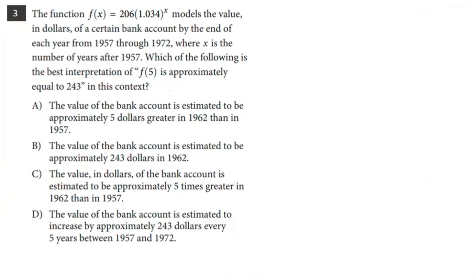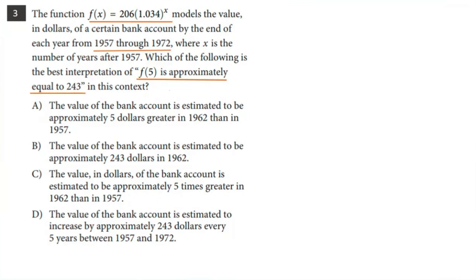Problem 3. The function f of x, given by this, models the value in dollars of a certain bank account by the end of each year from 1957 through 1972. So this is the initial year, 1957, and so on. This function is representing some amount in the bank. Which of the following is the best interpretation of f of 5 is approximately equal to 243 in this context?